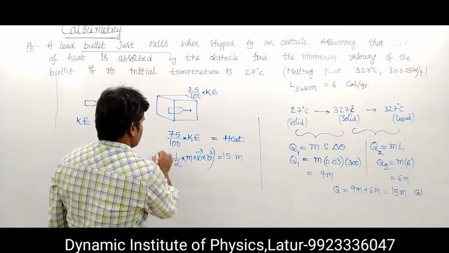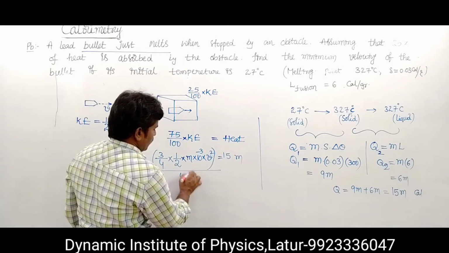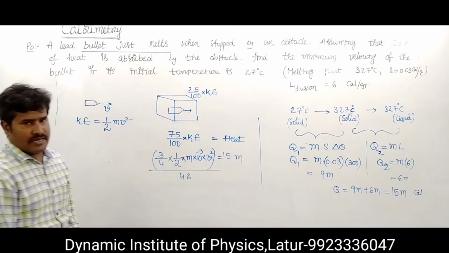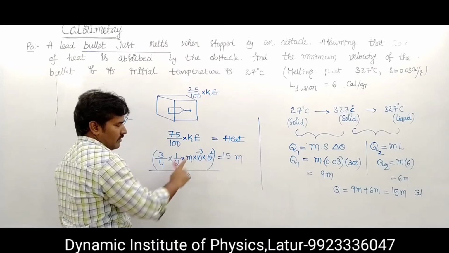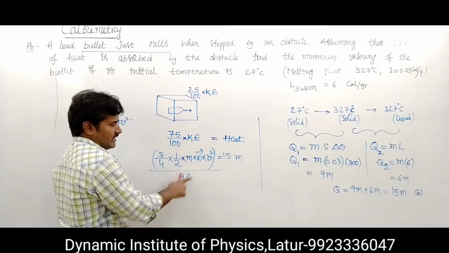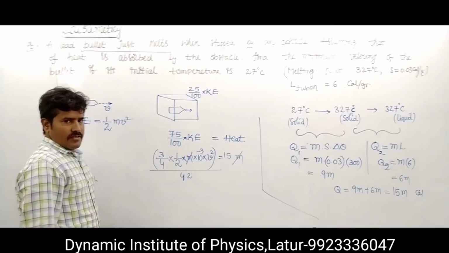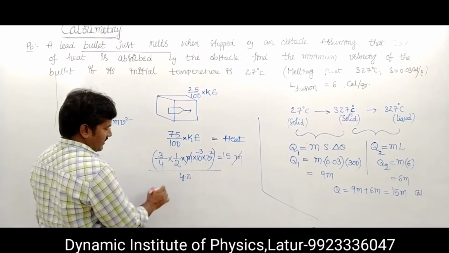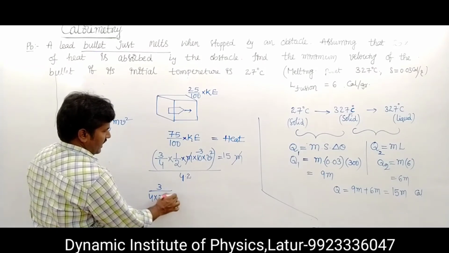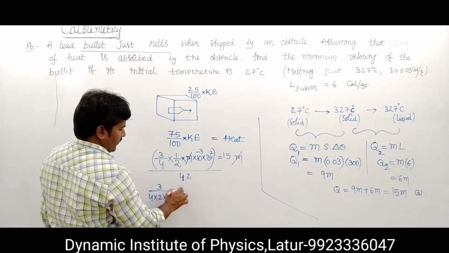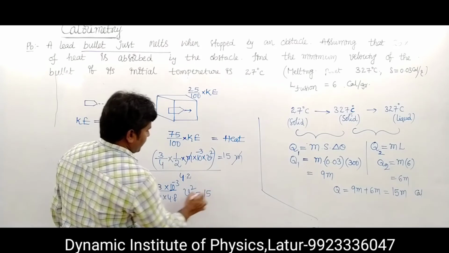This is in joule, so joule upon 4.2 gives the term in calorie. The multiplication gives 3 upon 4 into 2 into 4.8, into v square into 10 power minus 3, equals 15.